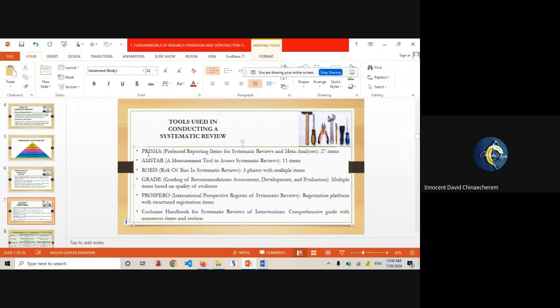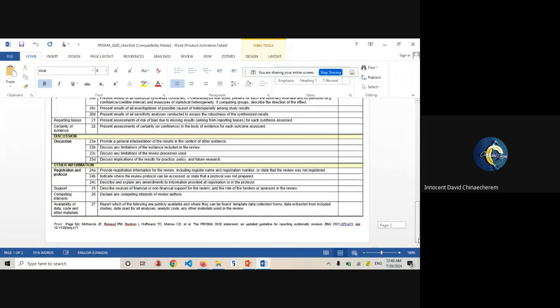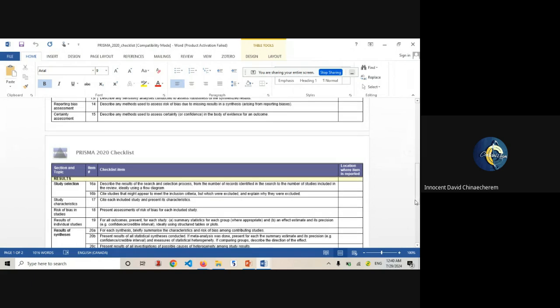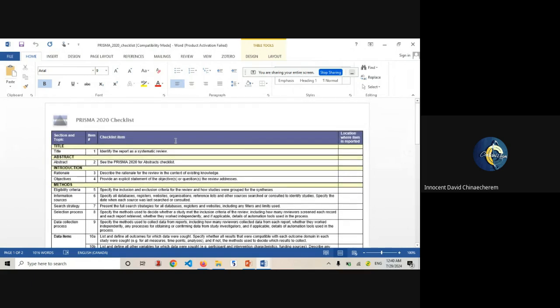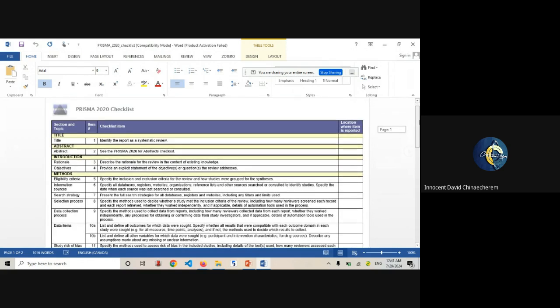The PRISMA checklist has 27 items. So for you to conduct this systematic review, all you need to do is to report based on this checklist. It's already established. It was established sometime in 2009, with updates and all that. We have had diverse checklists before now.